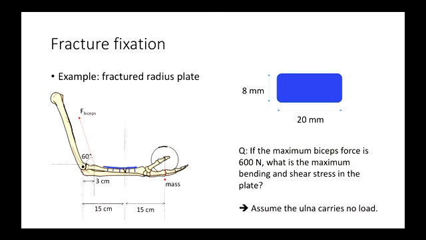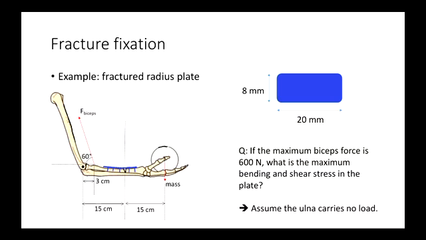Sum of moments at the cut. 0 equals, so MV, that's negative, so negative MV. And M is also creating clockwise moments, so negative M times X, but we know where the cut is, so it's 150 mil.